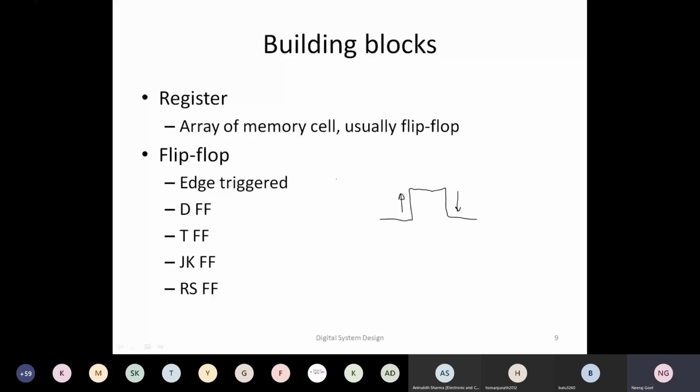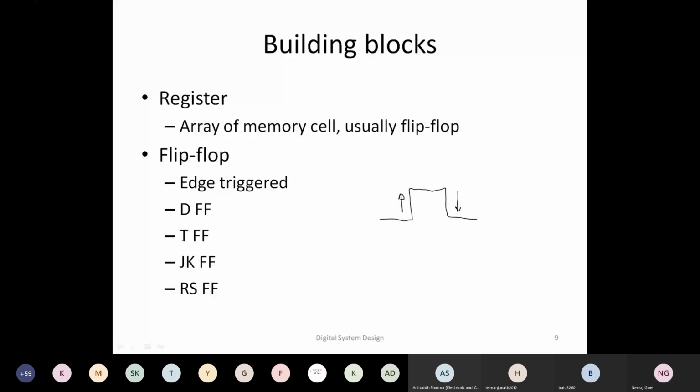Okay, so now there are various types of flip-flops we have studied in our books: D flip-flop, or delay flip-flop, T flip-flop, JK flip-flop, RS flip-flop. There are many. But to be simplistic, we can fairly assume, although all of these can be used, that mostly in sequential circuits, the delay flip-flop or D flip-flop is the most regularly used flip-flop.